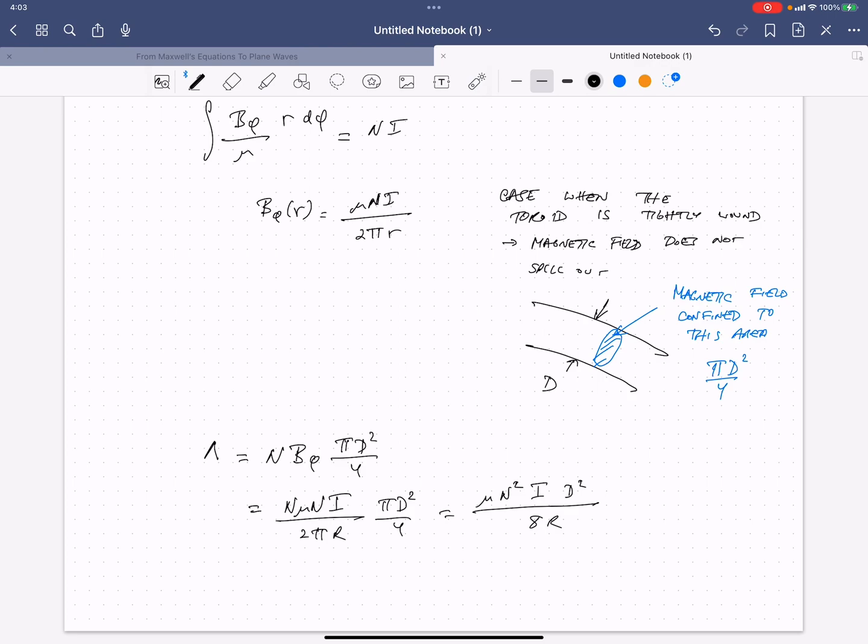If that's the case, then the inductance of this toroid is the total flux linkage divided by the current, which is mu n squared d squared over 8r.